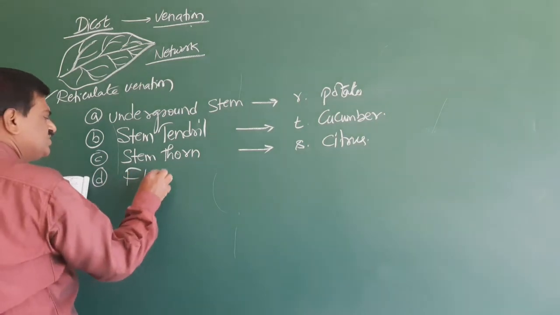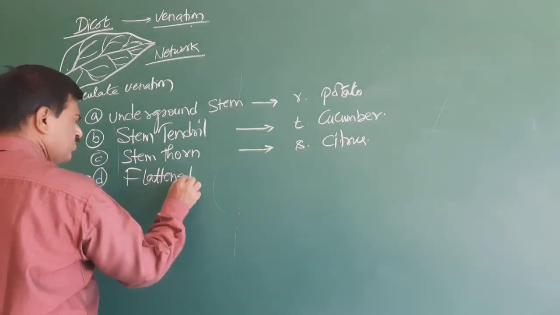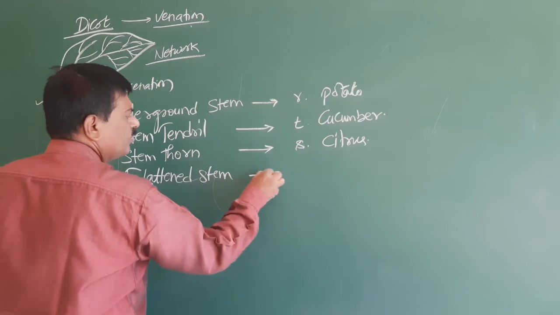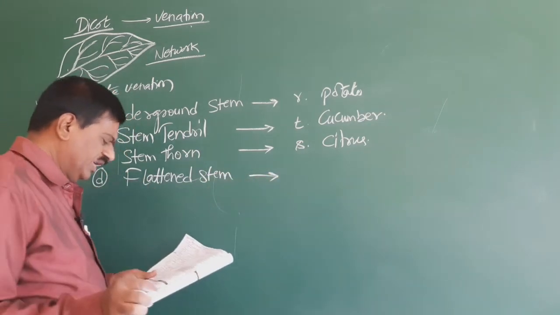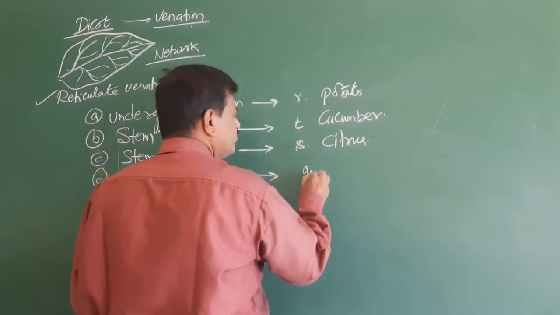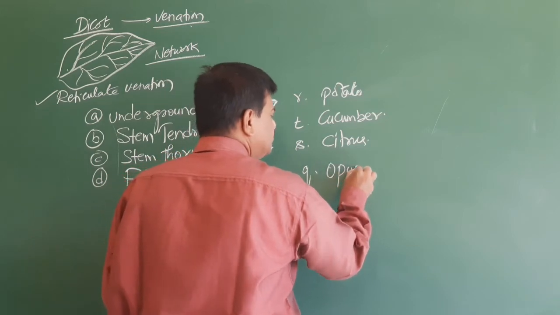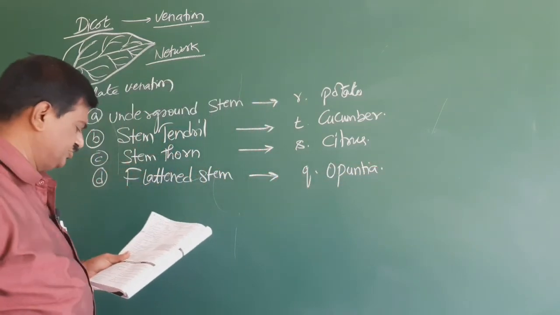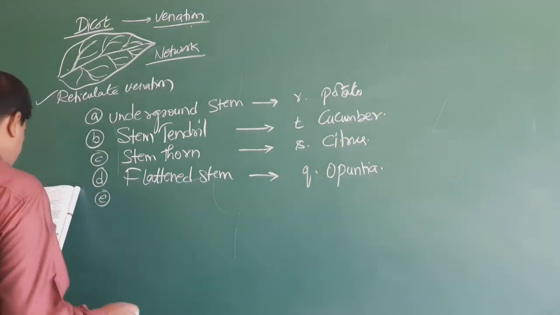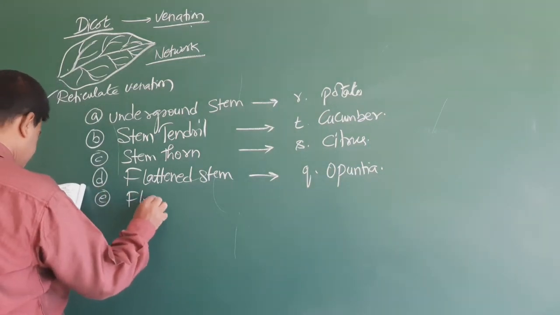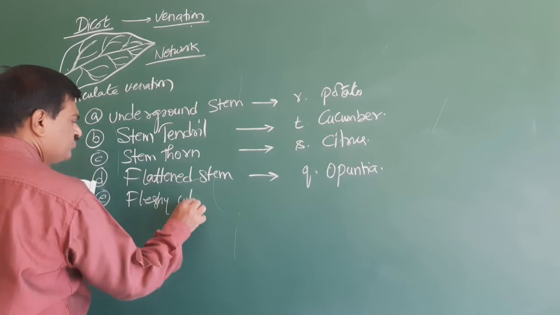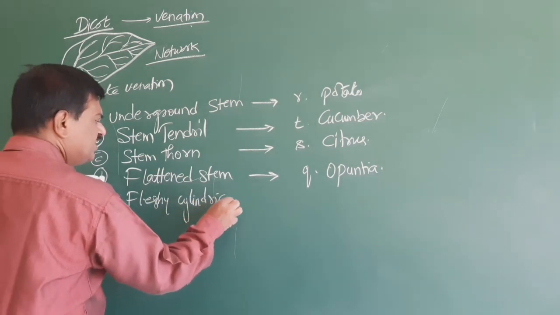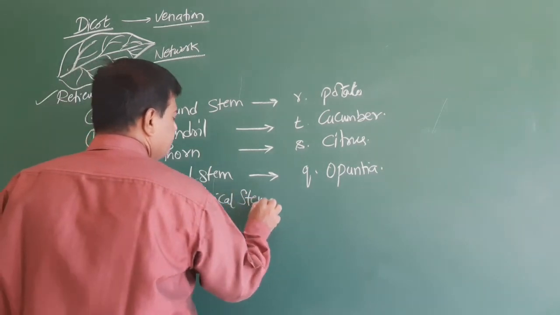Next one is flattened stem. The flattened stem can be seen in the opuntia. Opuntia is nothing but cactus. And the next one is fleshy cylindrical stem.